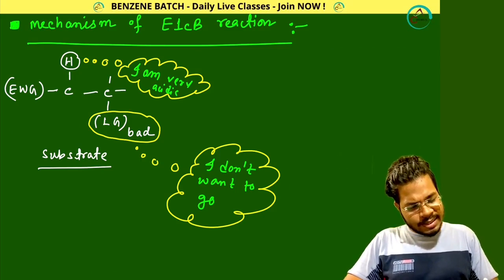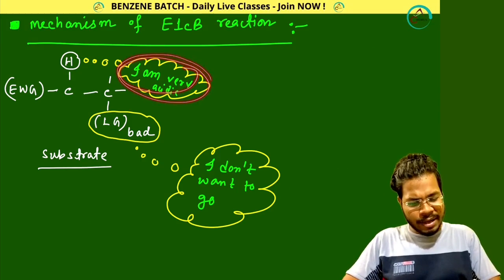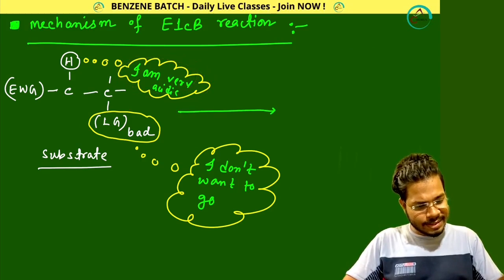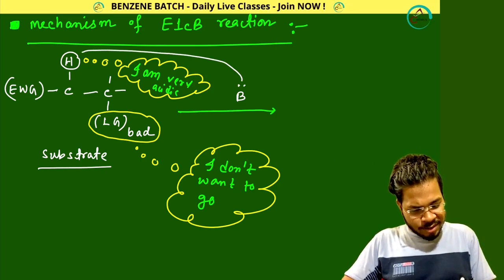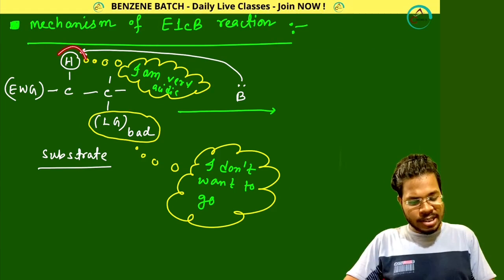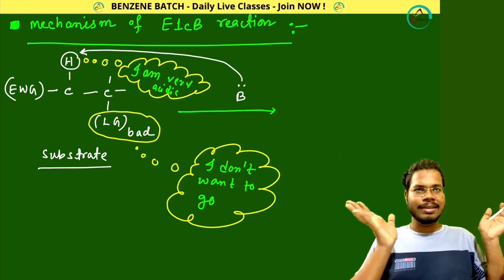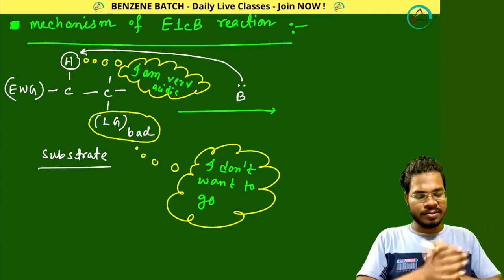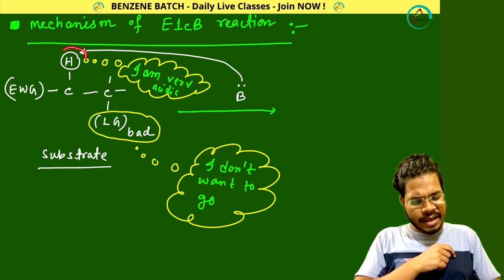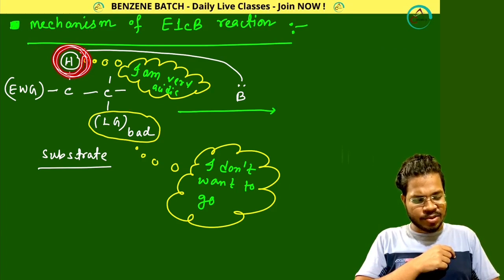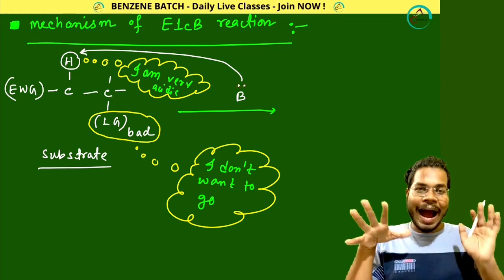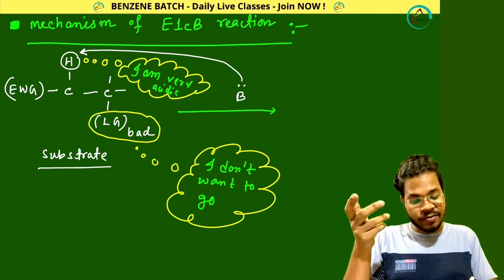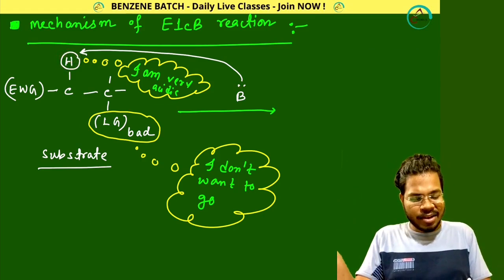So whenever you add a base, the base will come and easily abstract the hydrogen, because it is very acidic. I will show the mechanism, but wait for some time. A base generally abstracts acidic hydrogen, so it will easily abstract this hydrogen.